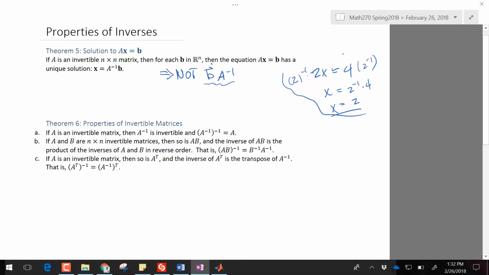With real numbers it doesn't matter whether you multiply on the left or the right, but with matrices it does matter which side you multiply on.